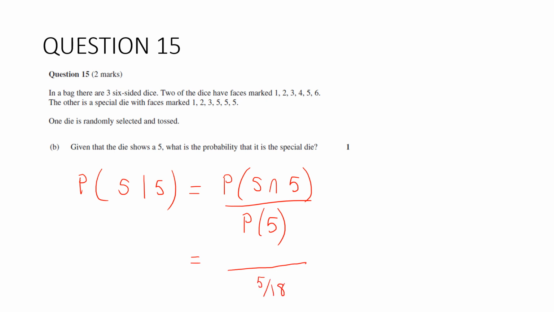The probability that it's the special die is 1/3, times the probability that it's a 5, which is a half. Doing that on the calculator, on the top I've got 1/6, divided by 5/18, which is 0.6, or 3/5.